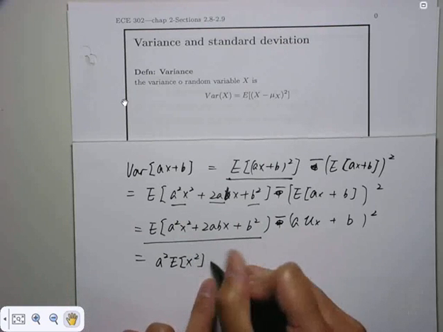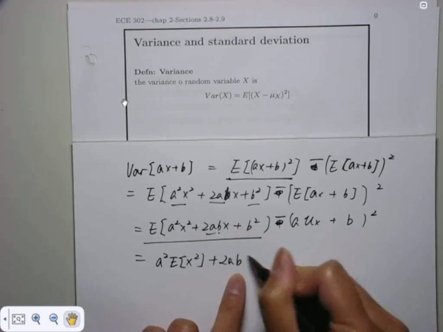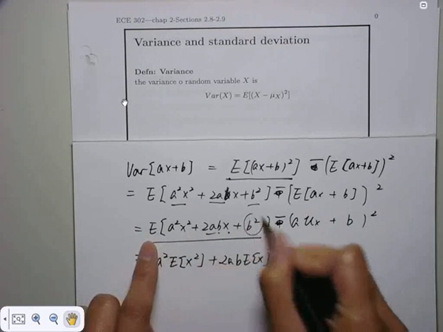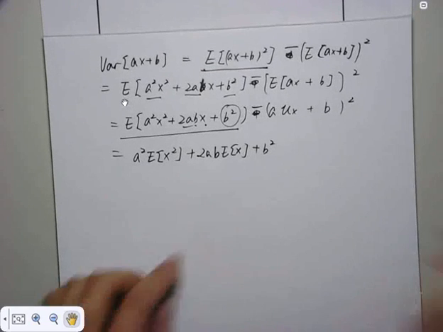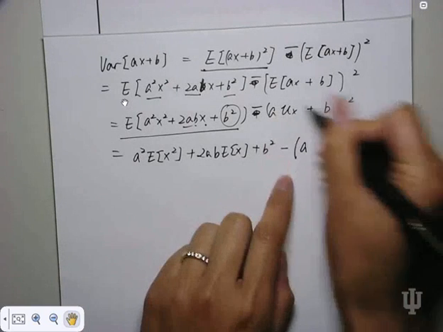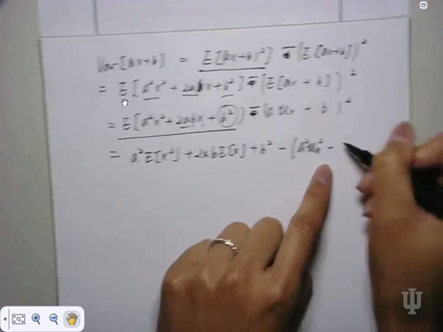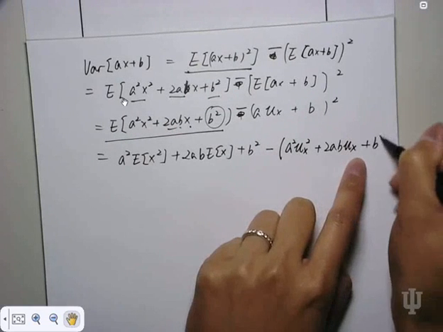Okay, so 2ab, scalar, E of X, E of this constant, always that constant, right? Minus the square of this whole thing, which is a squared mu_x squared plus 2ab mu_x plus b squared.